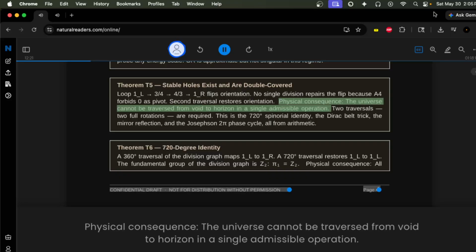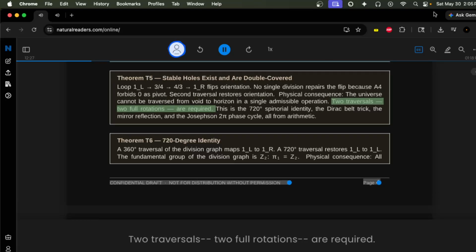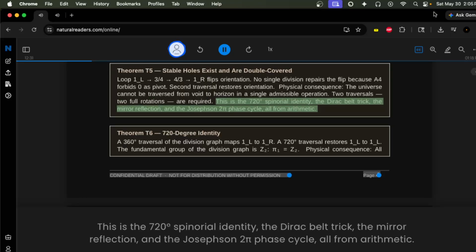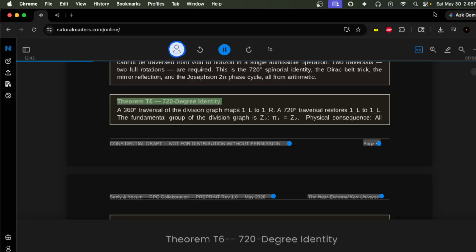The universe cannot be traversed from void to horizon in a single admissible operation. 2 traversals, 2 full rotations, are required. This is the 720 degrees spinorial identity, the Dirac belt trick, the mirror reflection, and the Josephson 2-pi phase cycle, all from arithmetic.